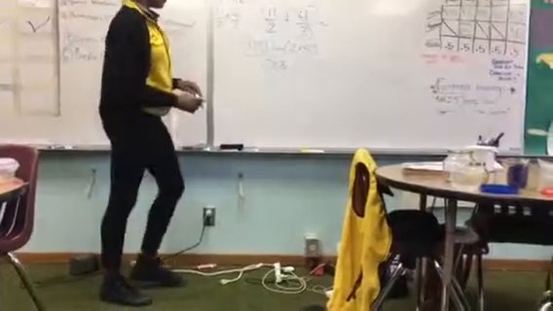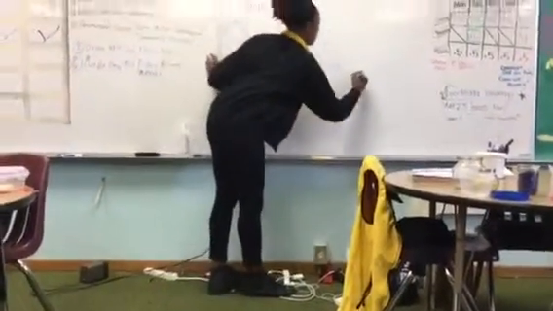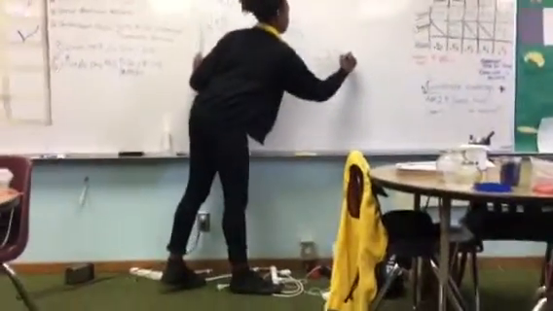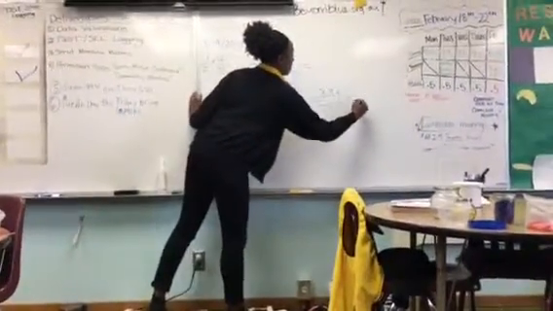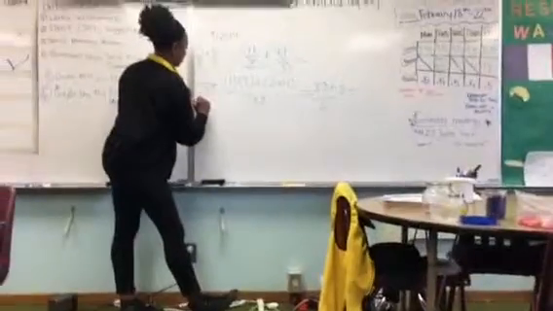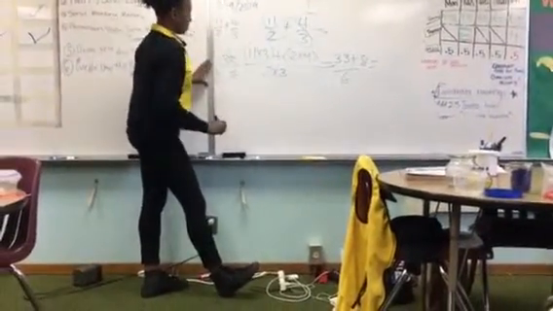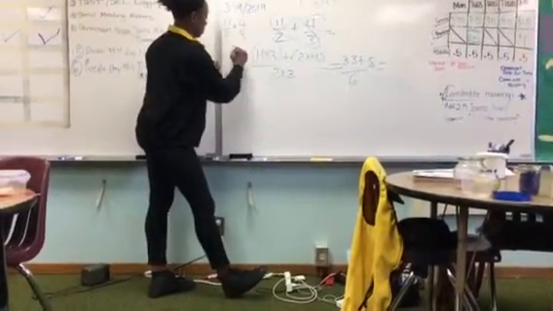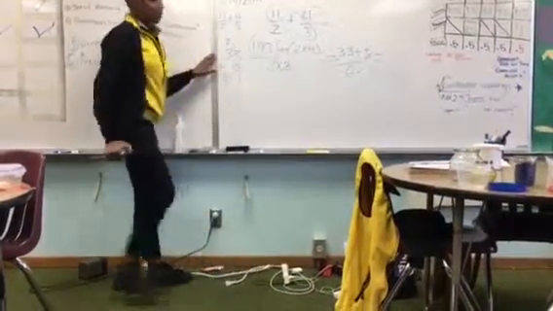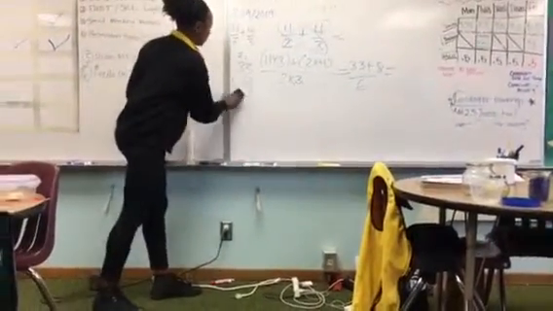Okay. So what is 2 times 3? 6. What is 11 times 3? 33. Very good. Plus 8. Okay. And 33 plus 8 is? 41. Oh no, 41. You're very correct. 41.